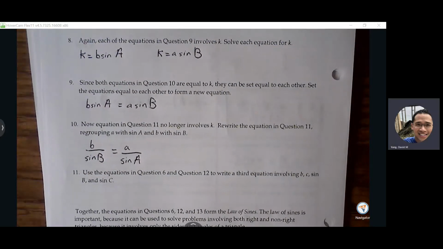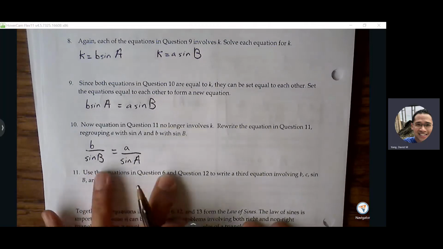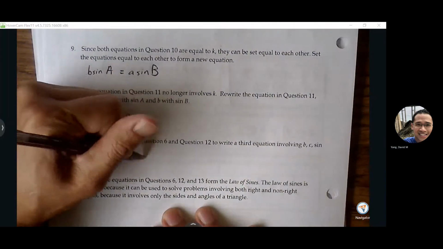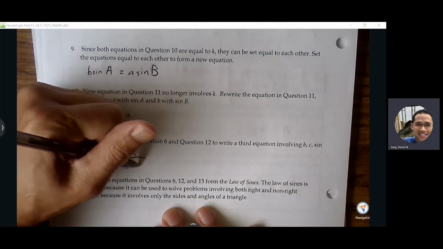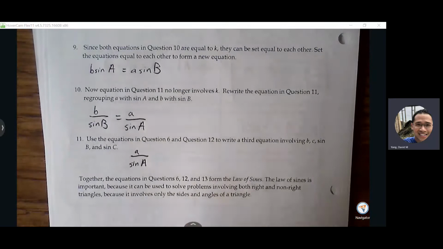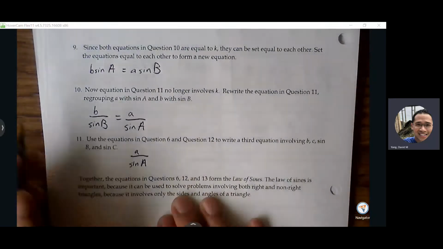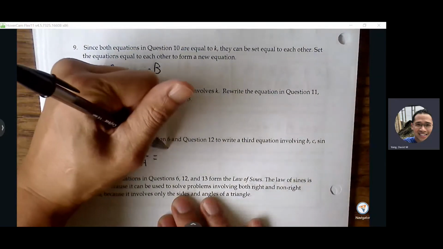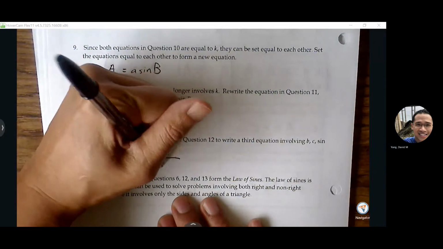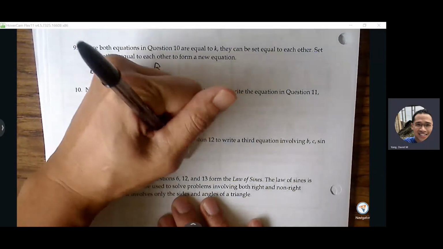Now from the previous page, we know that C over sine C equals A over sine A, so we can link them all together. Anytime we're solving a variable, we're only going to be grouping two together, but we always have the choice to pair A or B, or A or C, depending on what the problem is calling for.